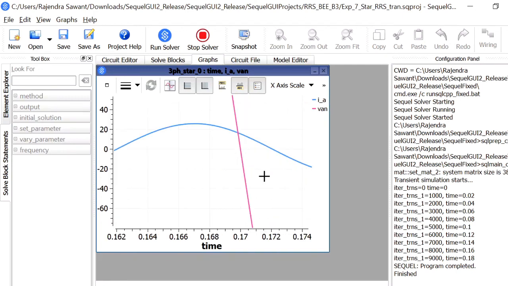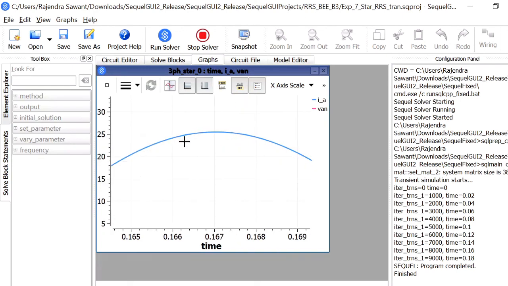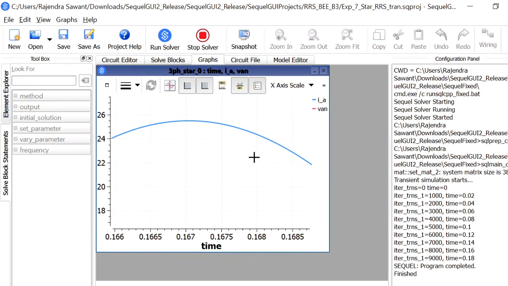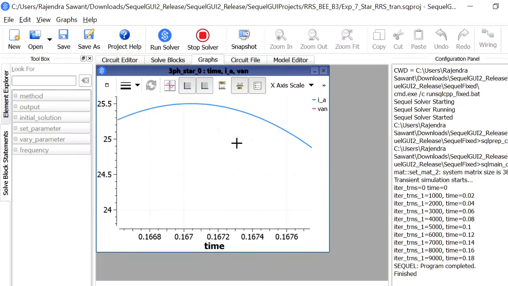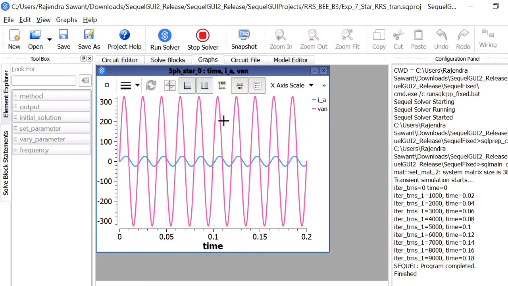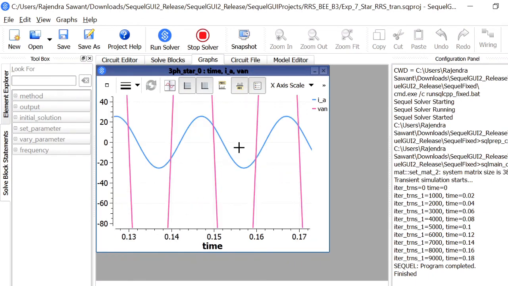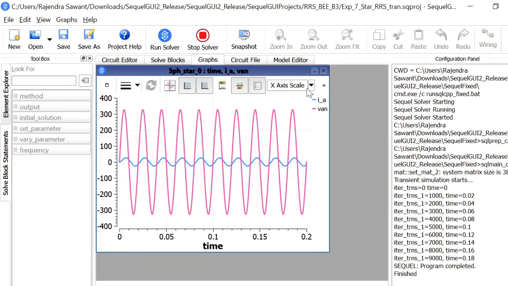This current is around 25.5, the same as what we computed, 18 into root 2. This current is lagging because the load is inductive. With reference to voltage, the current is lagging behind the voltage because the nature of the load is inductive.